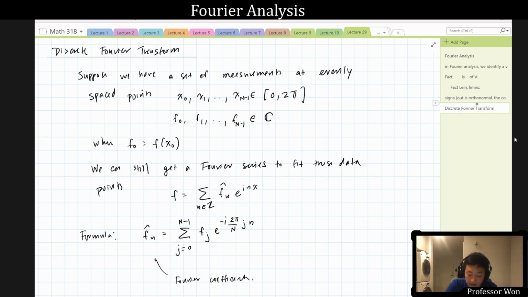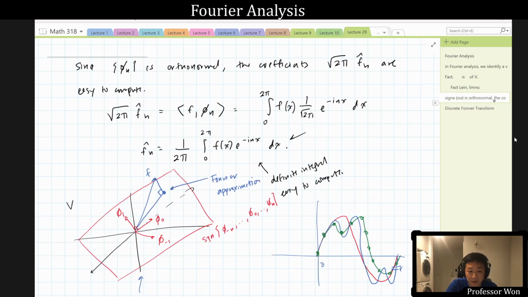It's just that we now can't take the integral because we don't know the function f. What we know is capital N points on f. And so instead of taking the integral, we have to add up a bunch of things. And this is just the correct thing to approximate this integral with n data points along the interval.